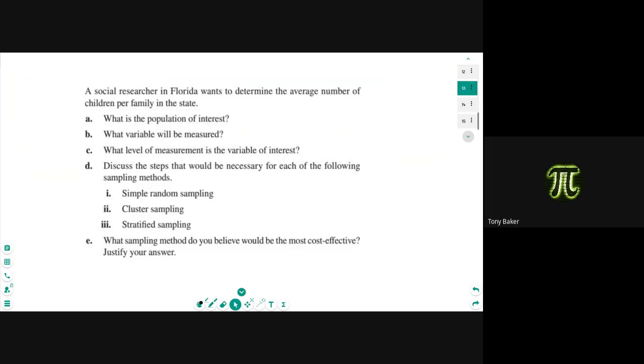What about ethnicity to break down? Especially in Florida, you have a very large Hispanic population, and ethnicities actually do have a very large impact on family size.